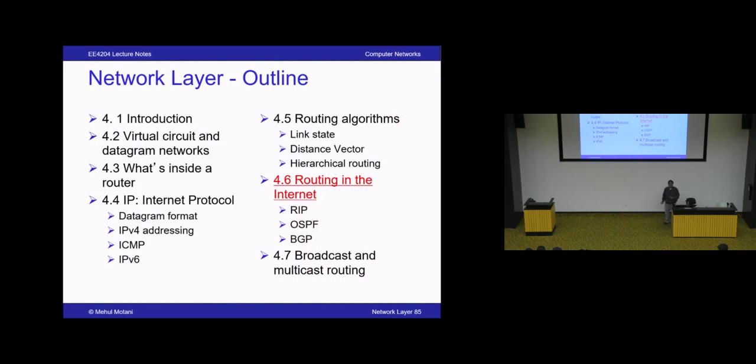Okay, so I think we can do a little bit more. We're a little bit ahead, which is good. But before I go on, any questions? So we saw these two types, link state and distance vector, and we saw how they work together in the context of autonomous systems. This autonomous system idea will come back again.